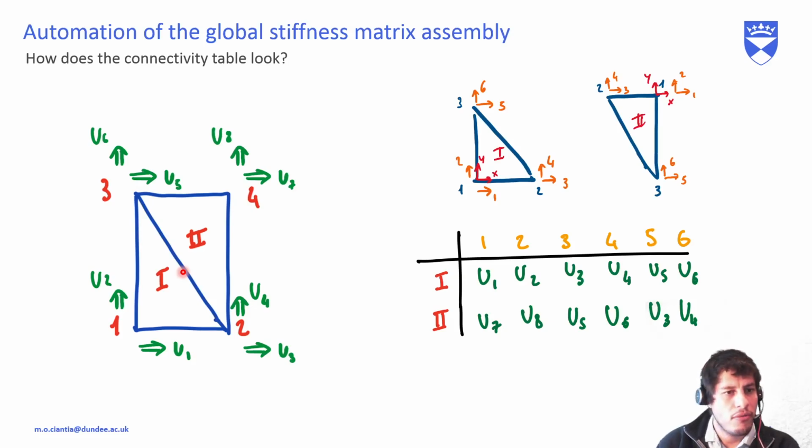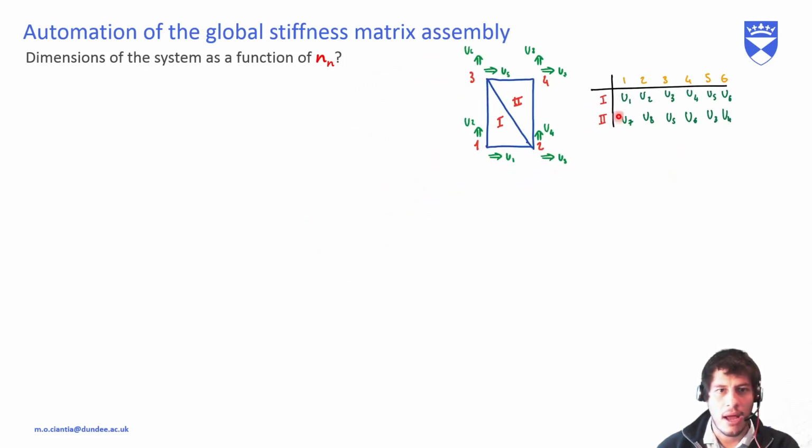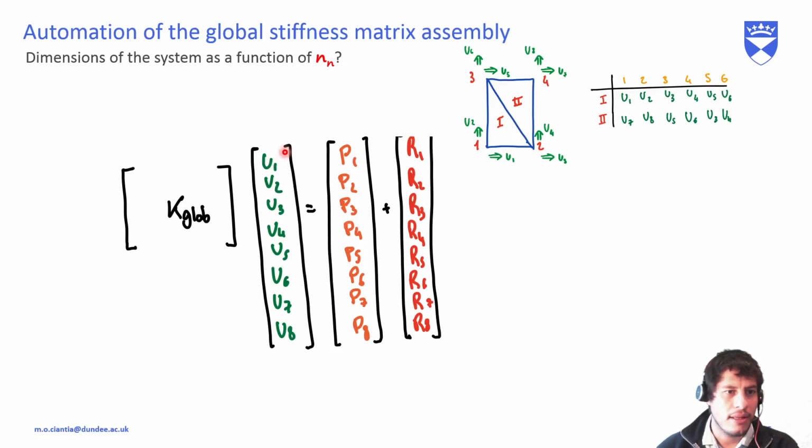Now, if you remember, once we have this, it's easy to set up the stiffness matrix. In fact, we're used to writing our global degree of freedom vector, and in this case it will be U1, U2, until U8, and then we have a K global. In this case, what's the dimension? Well, it's this size times this size. So in this case, it's an 8 by 8.